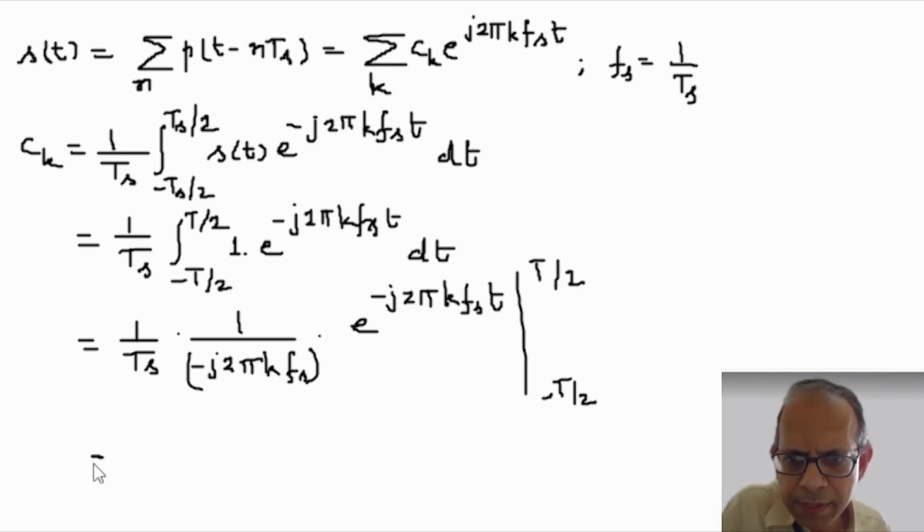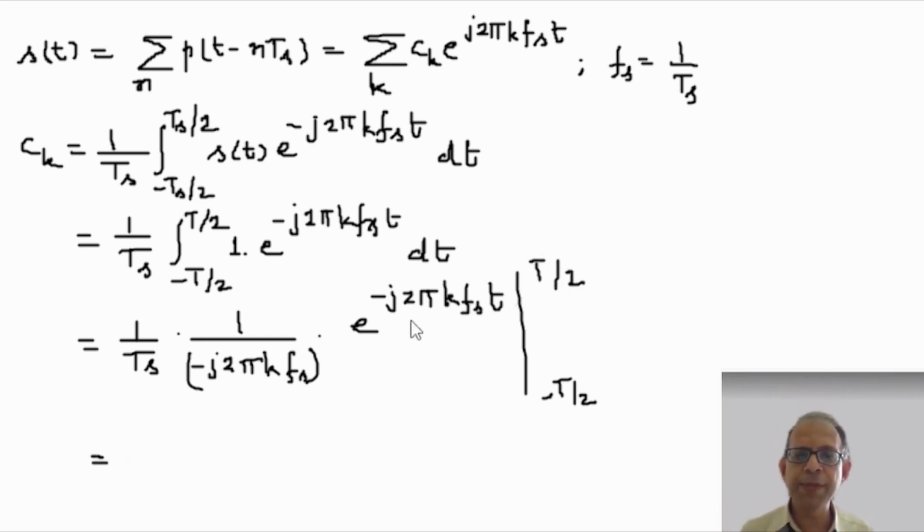This becomes, when we put the limits here, e to the power minus j 2 pi k fs capital T by 2, where that 2 and this 2 will cancel. Similarly, when we put the minus T by 2 value for small t, we actually get the form of the sine function using Euler's identity. Sine theta is e to the power j theta minus e to the power minus j theta, divided by 2j.